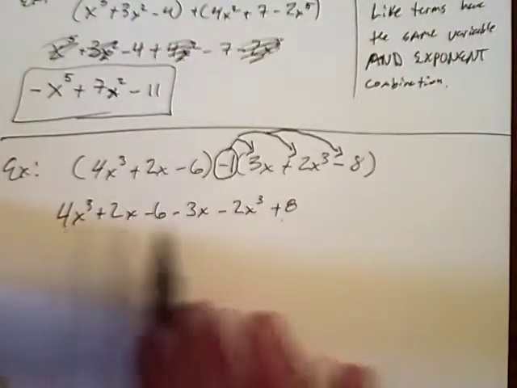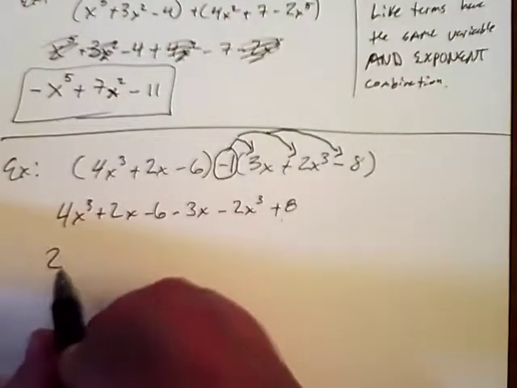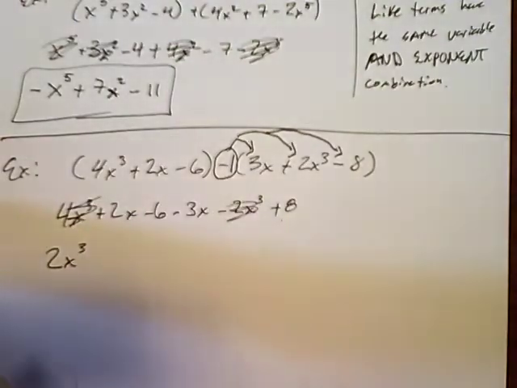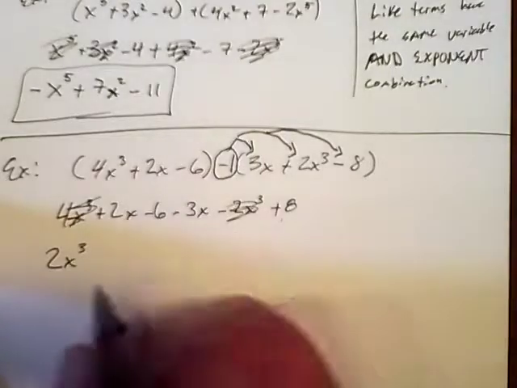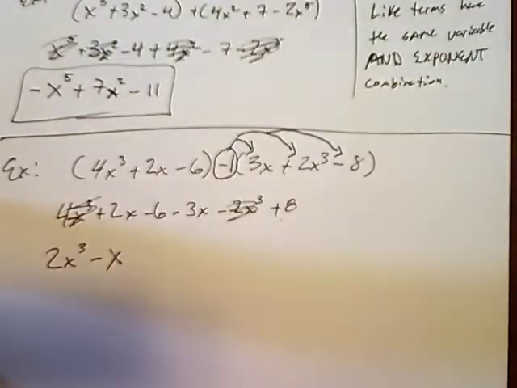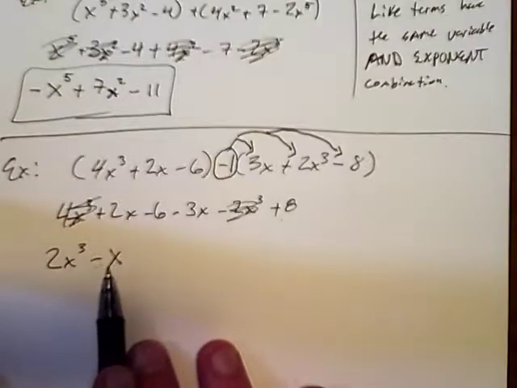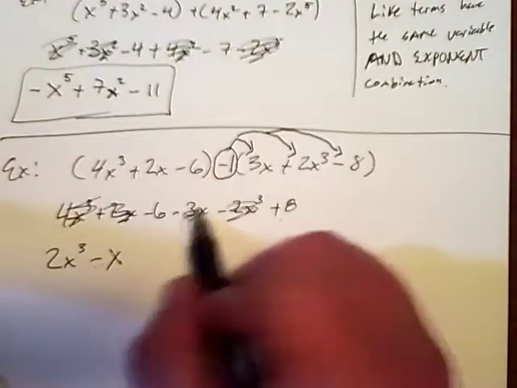Here I have 4x to the third minus 2x to the third gives me a total of 2x to the third. And again, when I'm done, I like to scratch them off. Now I have a 2x minus 3x, which is a negative x. That's a minus 1x. Notice that I'm not putting the 1 there. Right? That's a little elementary, and I think we're a little bit beyond that now that we're sophomores.